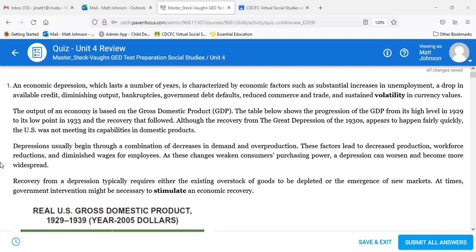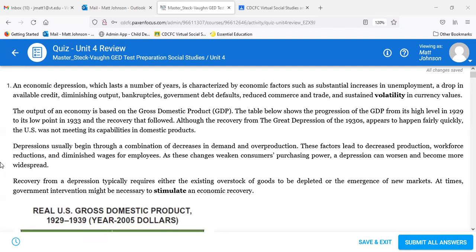The output of an economy is based on the gross domestic product. The table below shows the progression of the GDP from its high level in 1929 to its low point in 1933 and the recovery that followed.